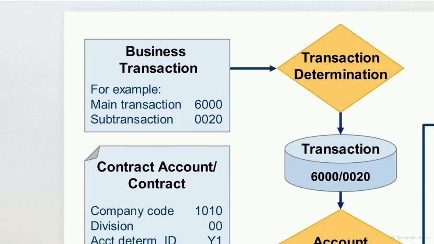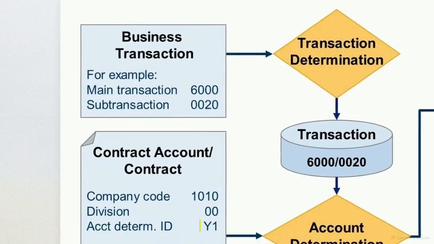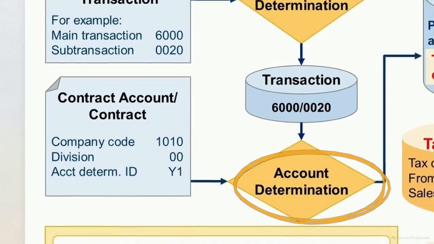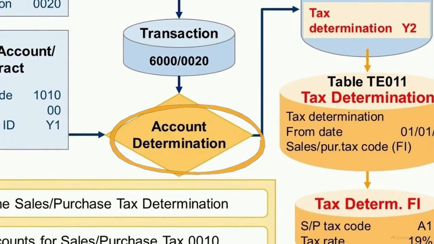Starting top left, transaction items arrive in FICA. The system identifies main transaction 6000 and subtransaction 0020. Simultaneously, account determination ID Y1 is extracted from the contract account. These three keys pass into the central account determination logic engine to begin financial routing.